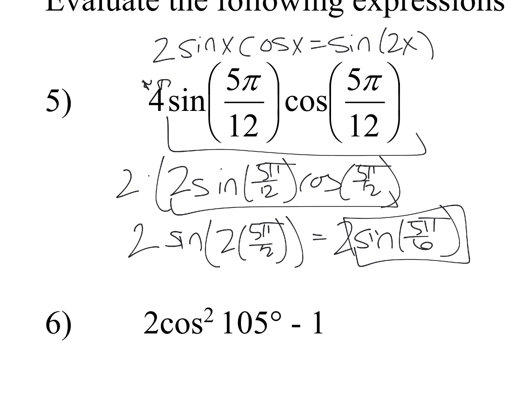Now, sine of 5 pi over 6, well, that would be the 1/2 angle. And so I just get 1. So really easy if you see the form, 2 sine cosine. If you try to go half angle, you're going to spend a lot of time doing some really crazy computations. So always try to look to see if you can find those forms.